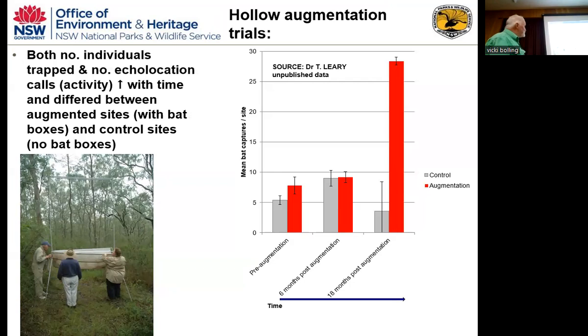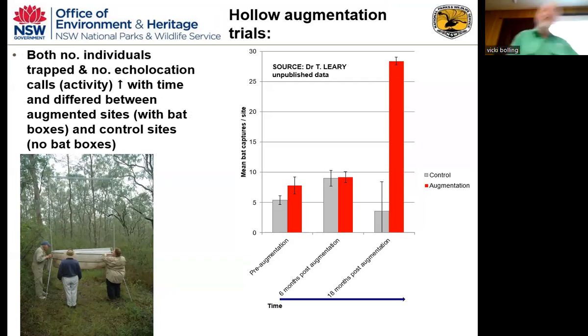So if you put the traps in, pre-augmentation, those are the augmentation spots, those are the control spots, no significant difference at that stage. Six months post-augmentation, seasonal effect, they're pretty much the same. Eighteen months after, that's the bat use in the environment that had the extra bat boxes in it.